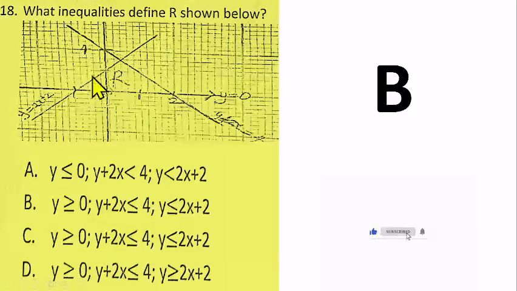But because this line is a thick line, that is going to be less than or equals to, so that means this line here is representing the inequality y is less than or equals to 2x plus 2.